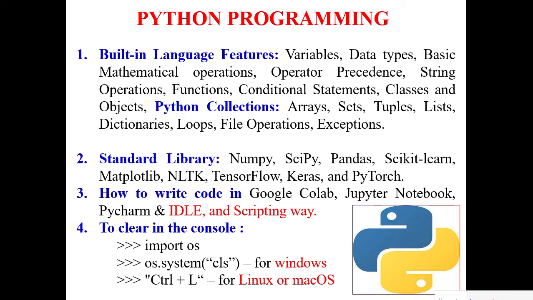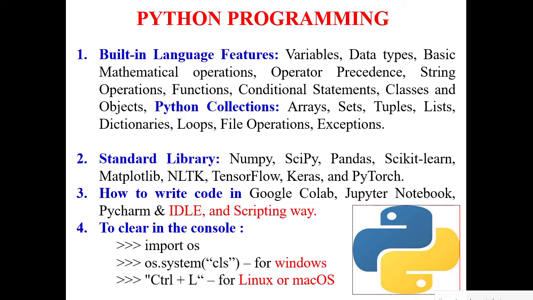These are the features of Python programming, and by using Python collections we are solving various applications, like arrays, sets, tuples, lists, dictionaries, loops, file operations and exceptions. So this is about Python collections. Up to this point we can call it core Python programming.